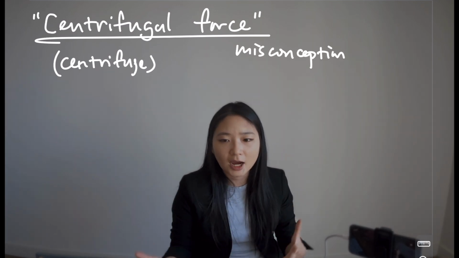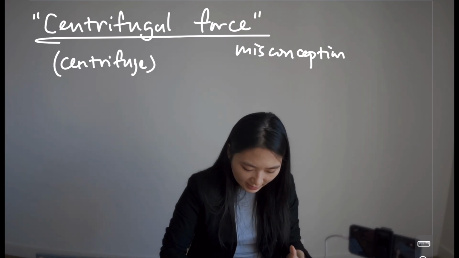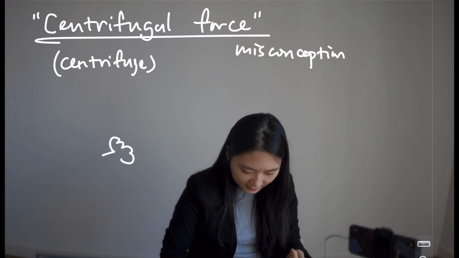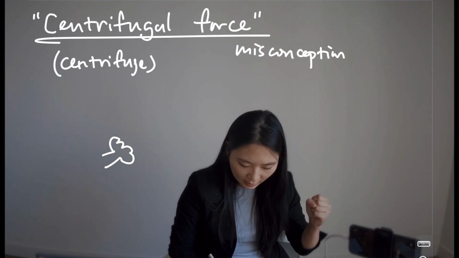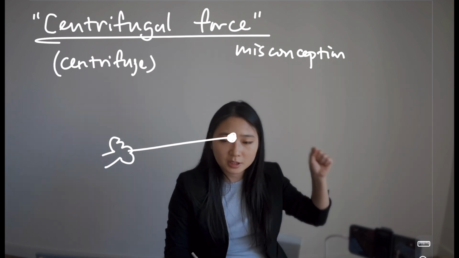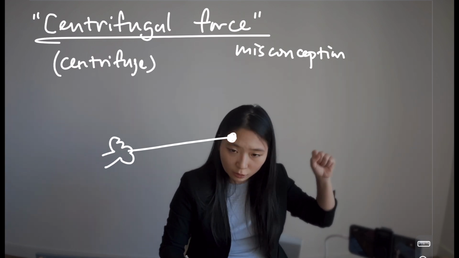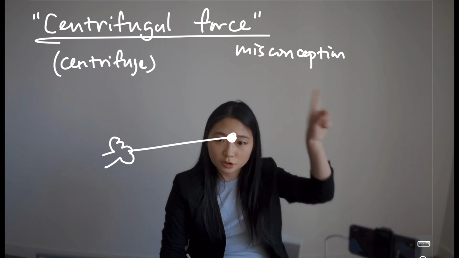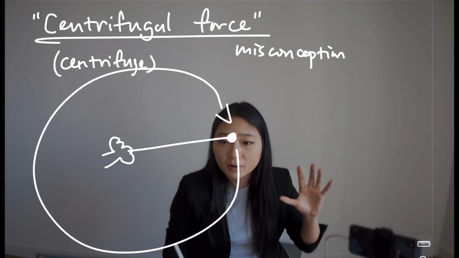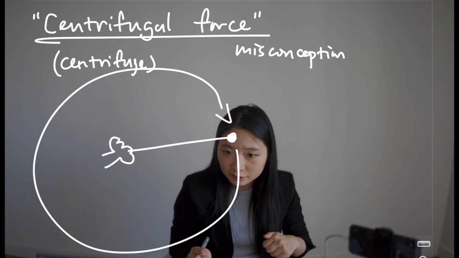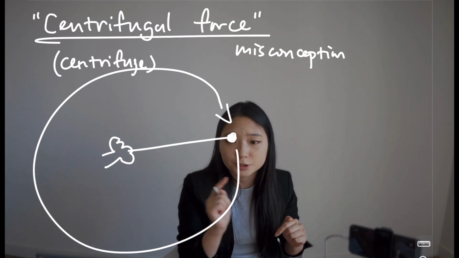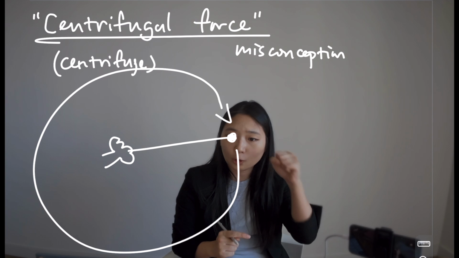Okay, then now let me explain this. Let's say I am holding a string, and an object is attached at the other end of the string. I'm just going to swing this string. So this object goes through circular motion in the air. What happens here is this object is going through circular motion because it is attached to the string and because I am holding the string.